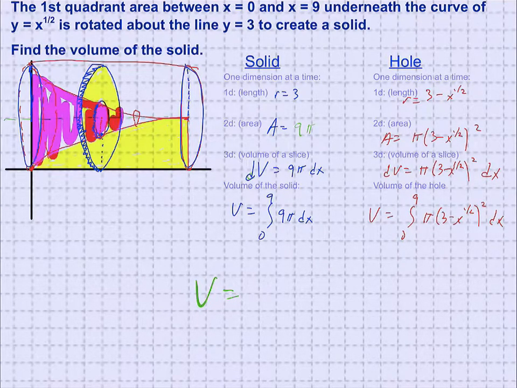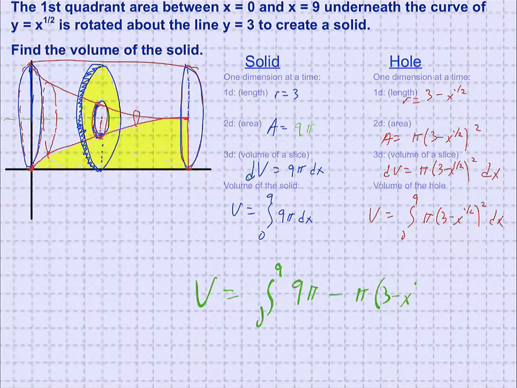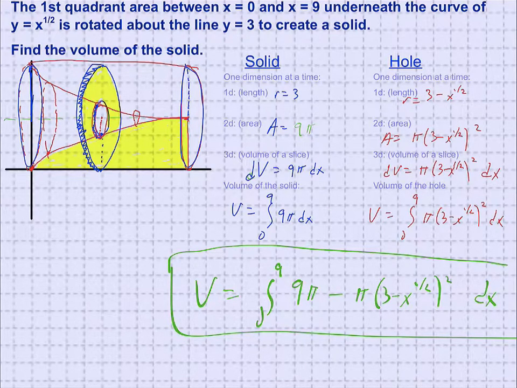All of these slices. So we're going to be subtracting that. And it is the definite integral from 0 to 9 of 9 pi minus pi times (3 minus x to the 1/2) squared, all with respect to x. And I'm not going to worry about integrating that right now, because you'd have to FOIL out the 3 minus x to the 1/2 to do it, and we're not going to worry about that just yet. But coming up with that integral is going to be the key to this lesson.